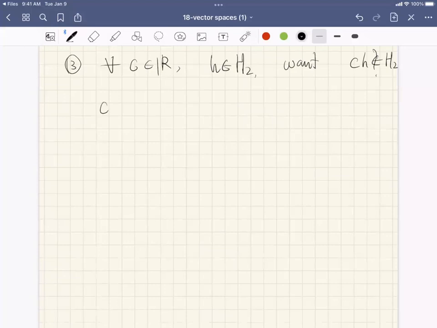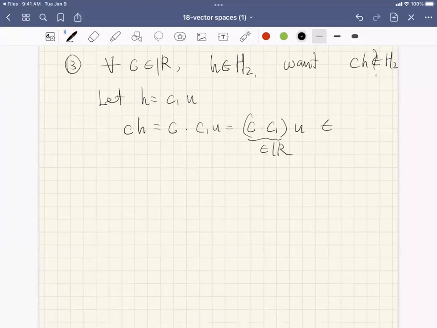Because H is from H2, let H be, for example, C1 U. Then CH can be written as C times C1 U, which is (C times C1) U. This is another scalar, so this is in H2.